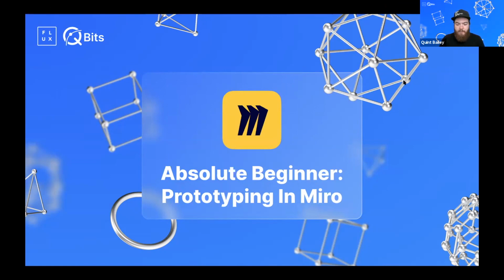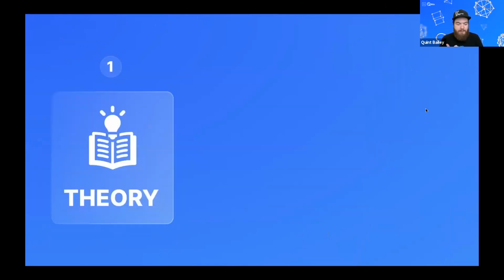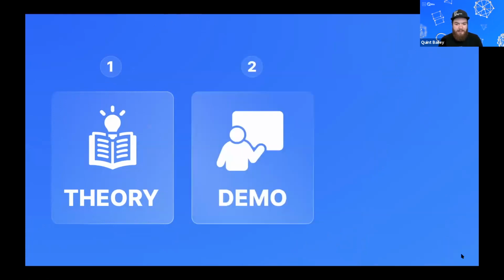So QBits consists of three main parts. There's the first part where we review that theory. And then after we review that theory, it's going to be accompanied by a live demo by me. I'm going to show you guys how to use it and just some tips and tricks.